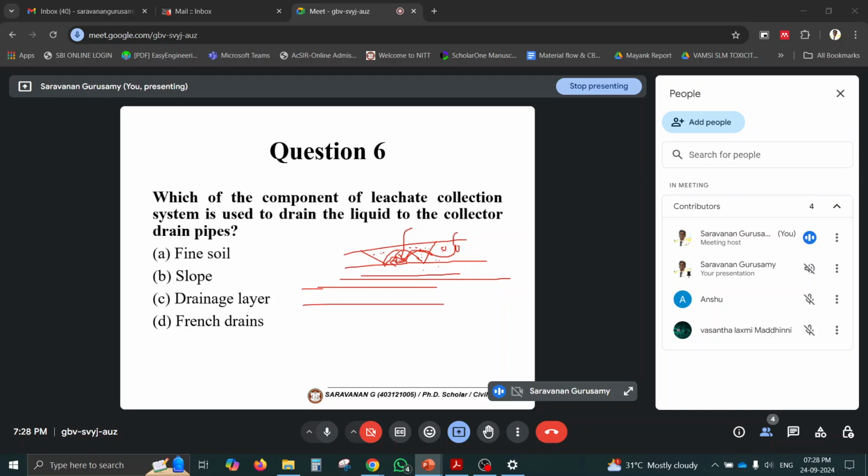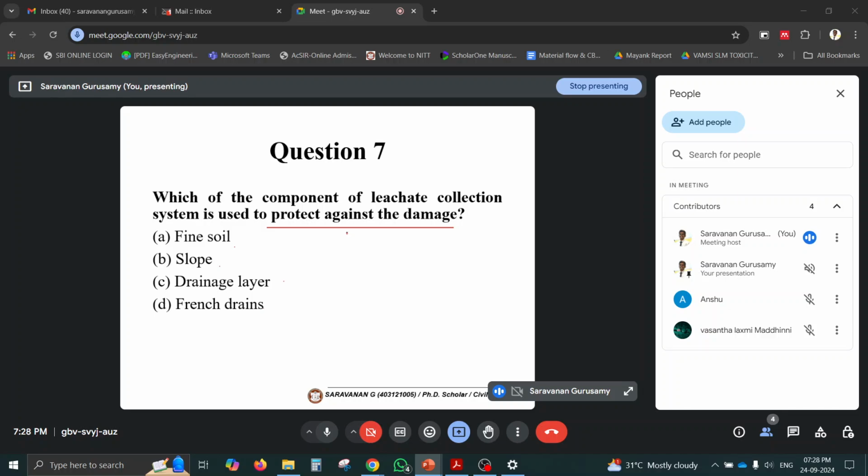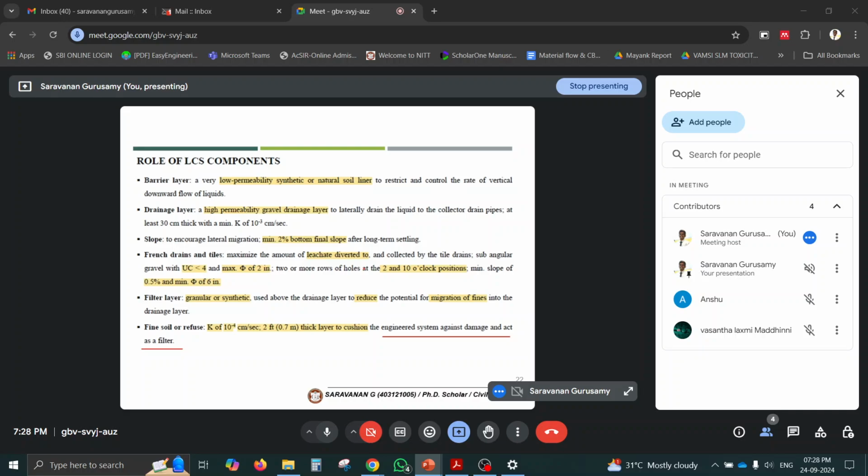So it should protect the leachate collection system. For the protection of the leachate collection system from damage, we need a fine soil. Okay, not the French drains, it's a fine soil.